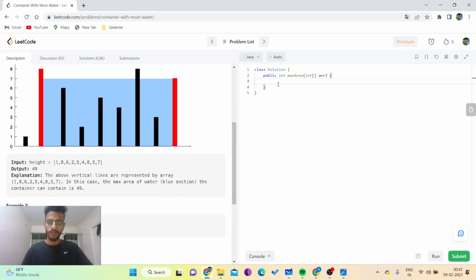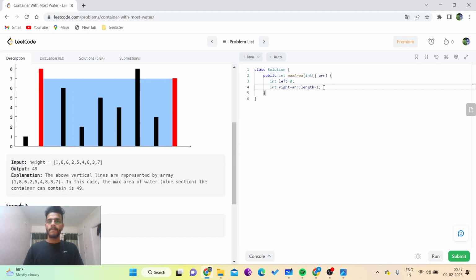Here the array is given. We have to take two pointers, that is int left is equal to 0, int right is equal to arr.length minus 1.